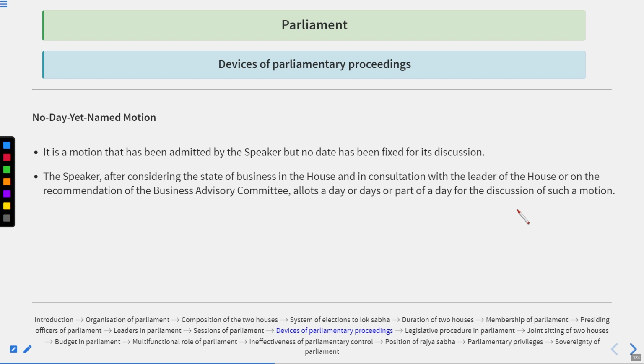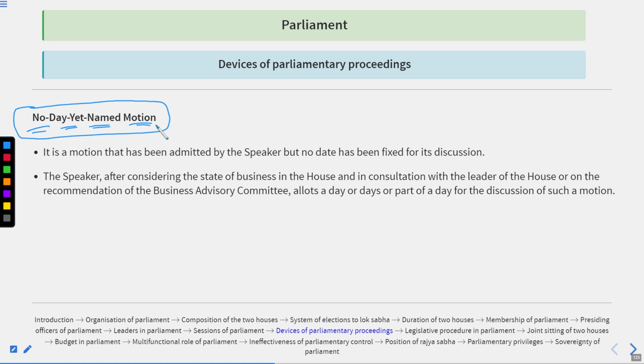After this, another thing that we have here is the no-day-yet-named motion. What is this? It is a motion that has been admitted by the speaker, but no date has been fixed for discussion.